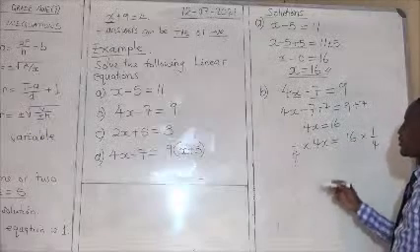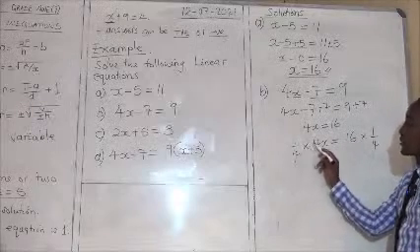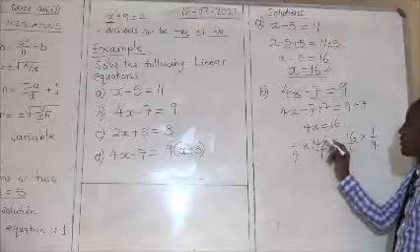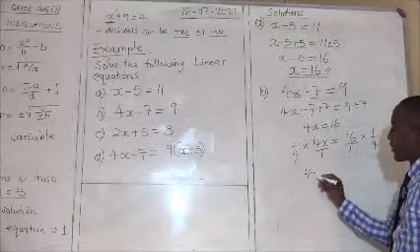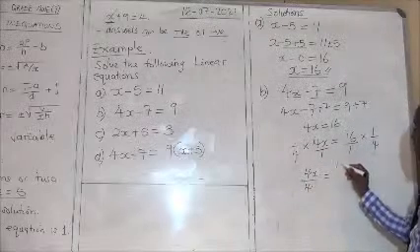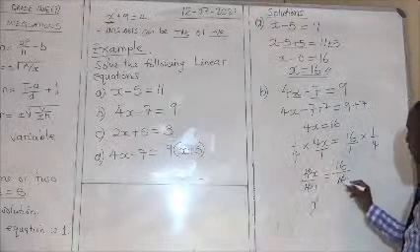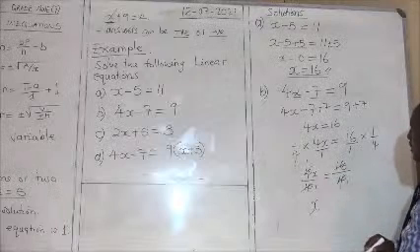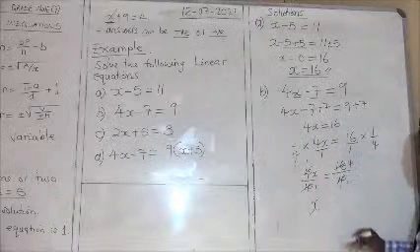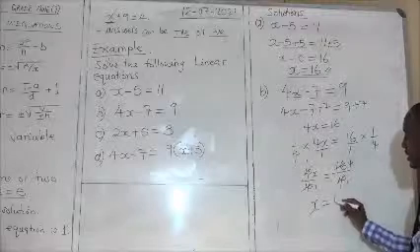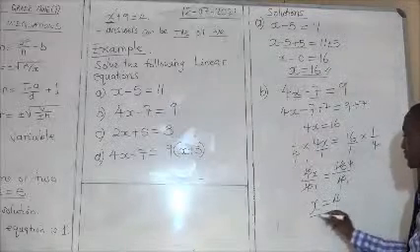Starting with the numerators, 1 times 4x giving us 4x, and 1 times 16 is 16. So 4 divided by 4 is 1, then 16 divided by 4 will give us 4. So the value of x here is 4.